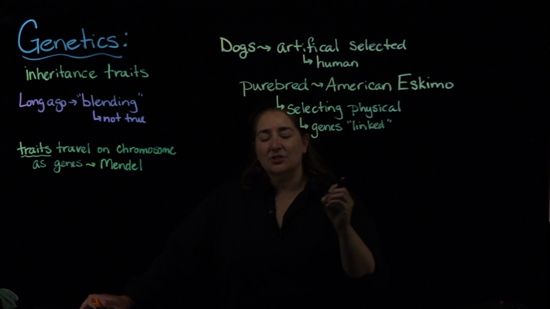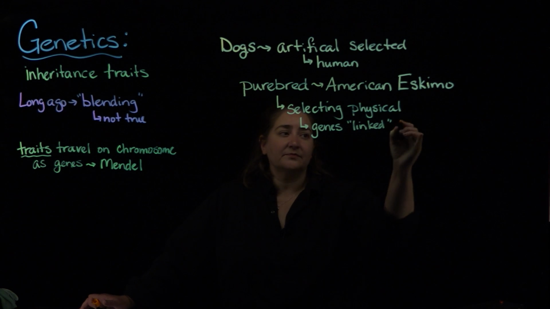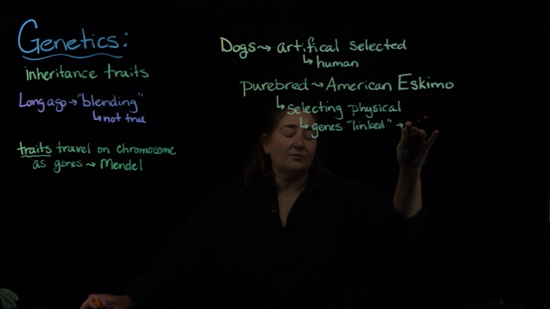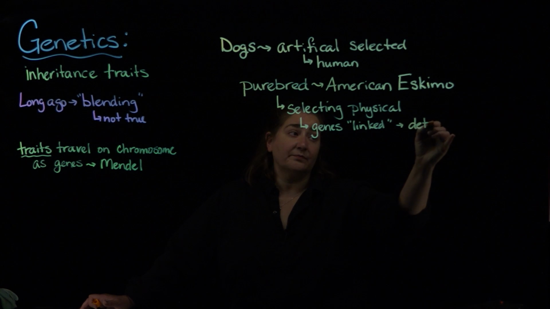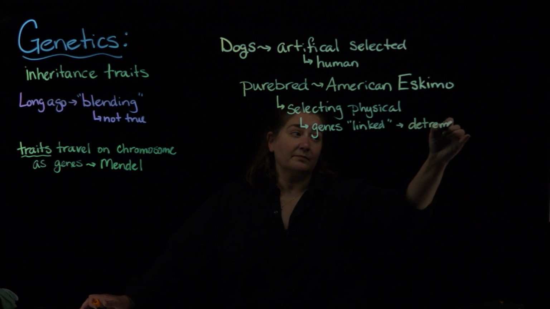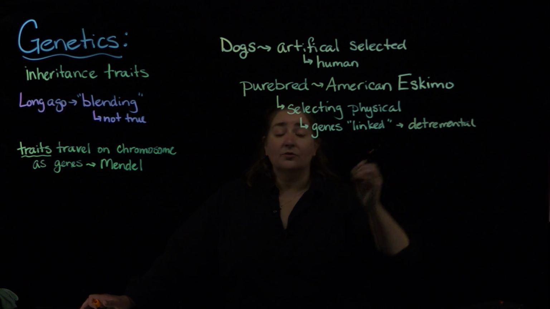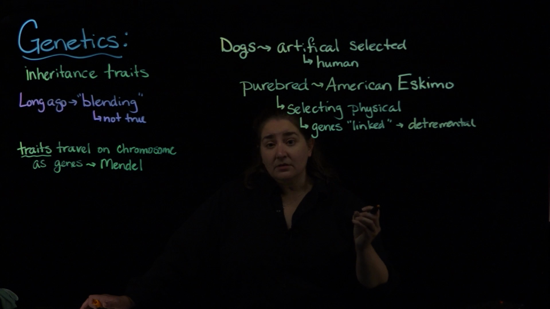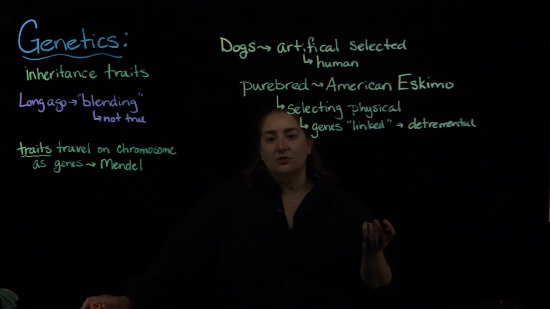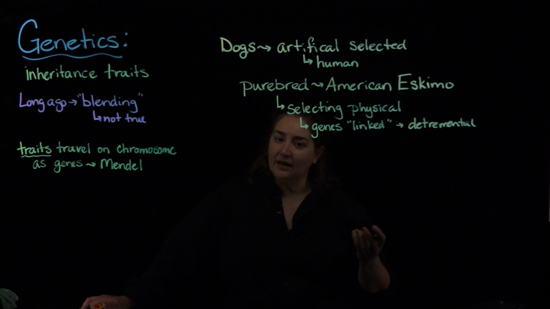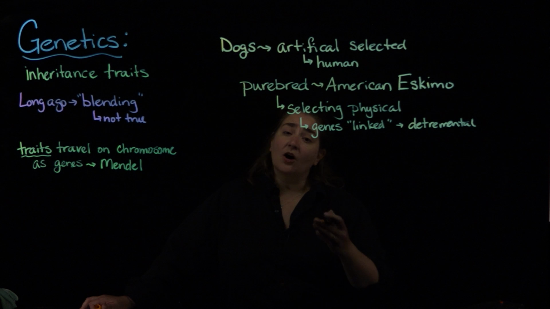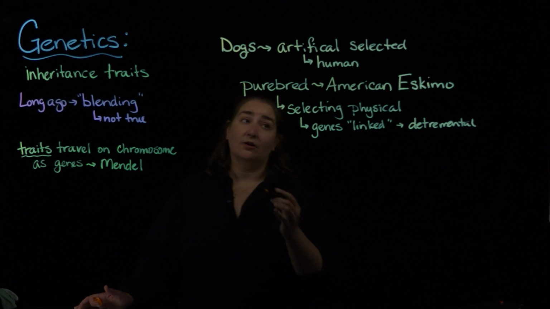Things that are linked just mean they travel together. And there can be some genes associated with that now that are detrimental. Okay? So like with Schnauzers, which is another example of a purebred dog, Schnauzers tend to have cataracts, they tend to have diabetes, and that kind of goes along with the particular traits that were selected for that purebred dog.